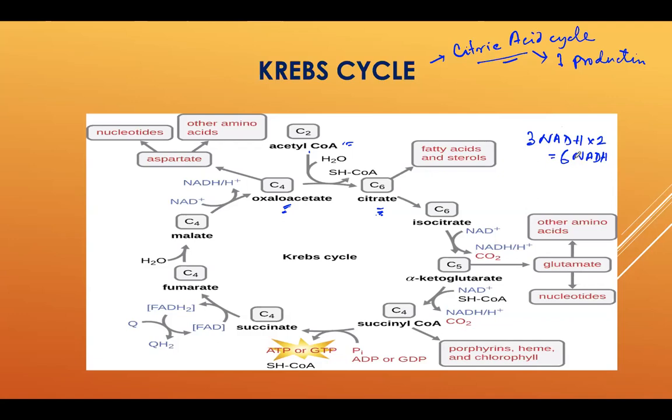And remember, during glycolysis, we had 2 NADH. So 2 NADH, now 6, 8, and in the transitory reaction we had 2 NADH. So the net production of NADH is 10 from all 3 steps.